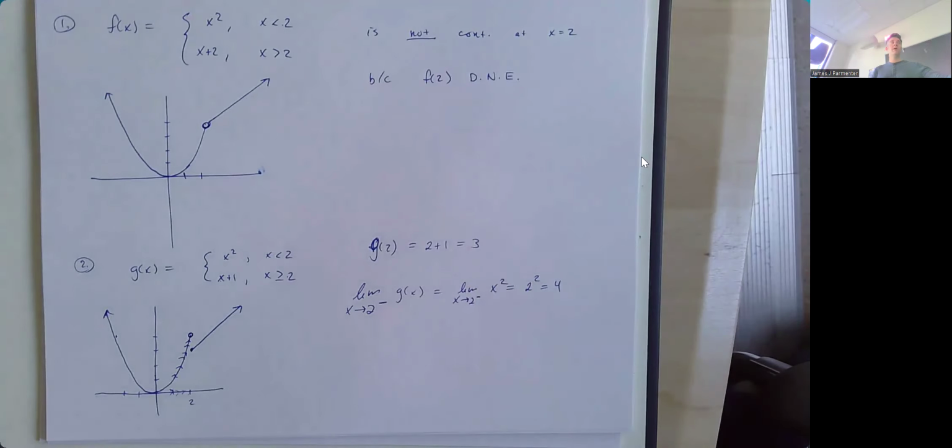Note, I'm not plugging in 1 or 1.5 or 1.9 or 1.999. I'm actually plugging in 2 and getting 4. Reminder, the function doesn't equal 4 when x is 2. What this says is as x is getting close to 2 on the left-hand side, the function is getting really close to 4.